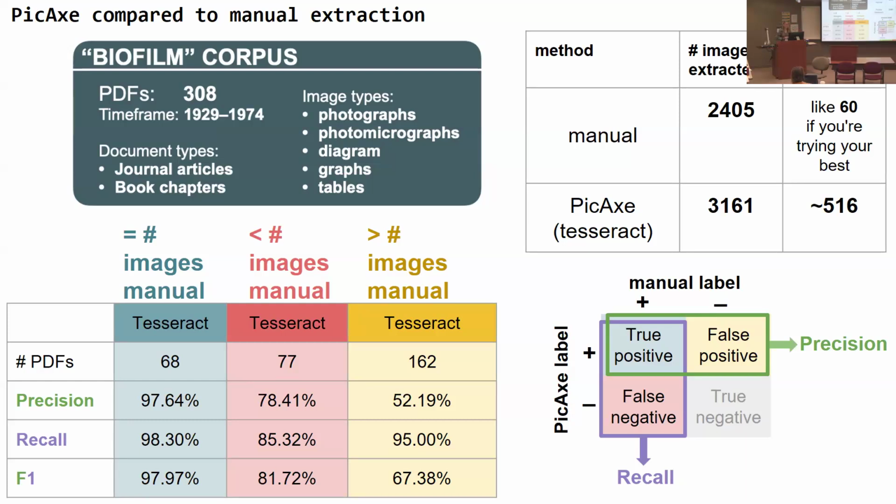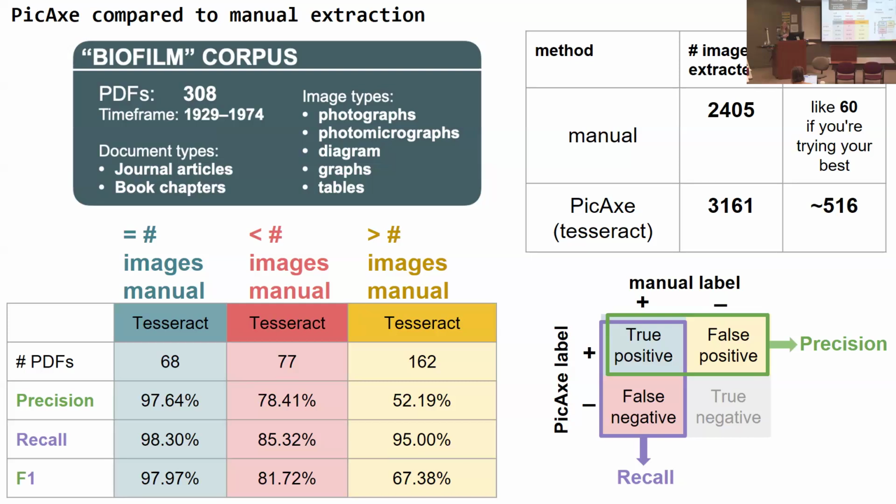Usually, we're not our best. And then we have PicAxe, which runs mainly as an OCR with Tesseract. It extracts around 3,100 images, which is quite a few more, but it extracts 516 an hour, and you didn't have to do it yourself, which is very nice.